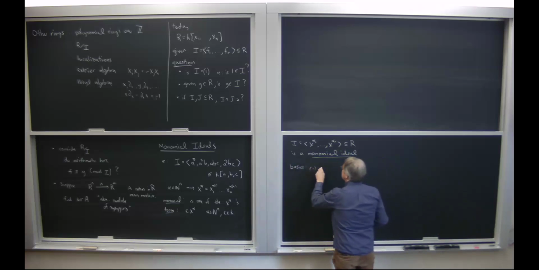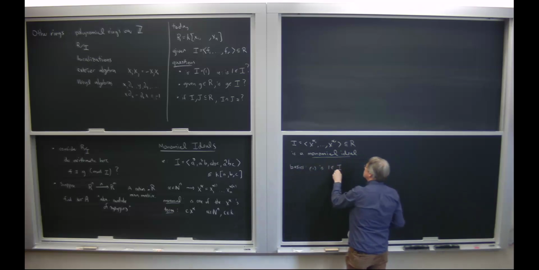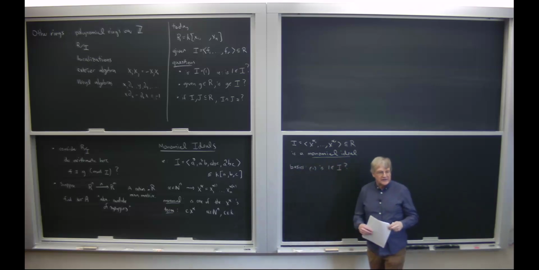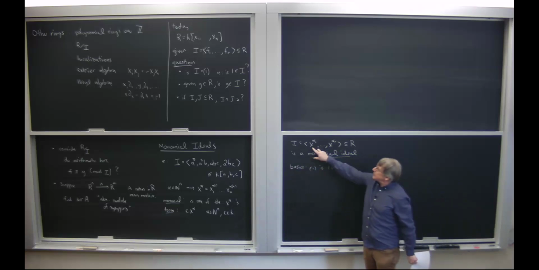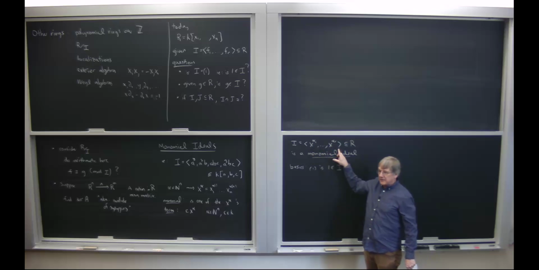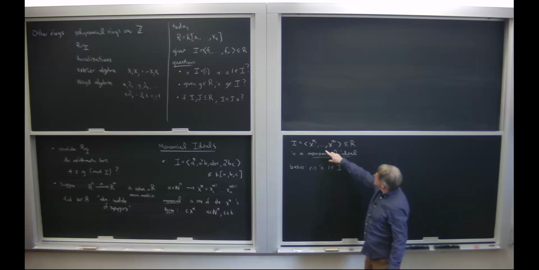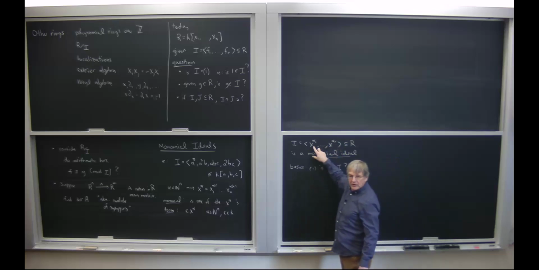Is 1 in the ideal I? How do I tell? I would have to have some multiple of each of these things be there. But by the way, what is 1? It's a monomial also, where the alpha is the 0 vector.